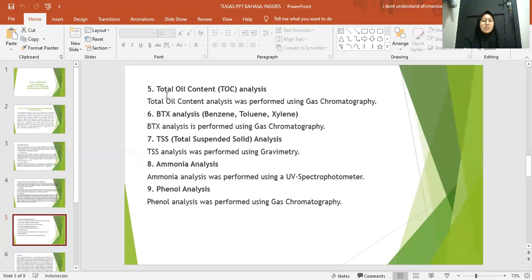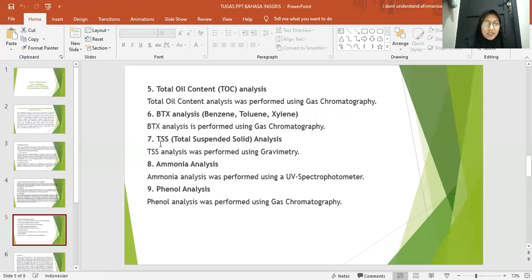Number 5, total oil contents or TOC analysis. Total oil contents analysis was performed using gas chromatography. Number 6, BTX analysis or benzene, toluene, and xylene. BTX analysis is performed using gas chromatography.